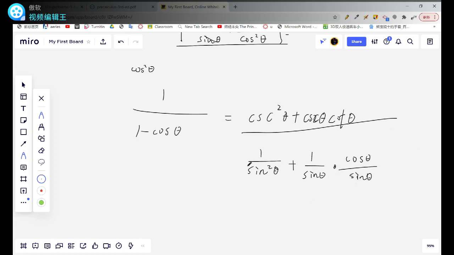So basically, it's just 1 plus cosine theta over sine squared theta.